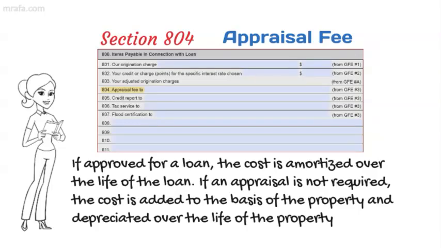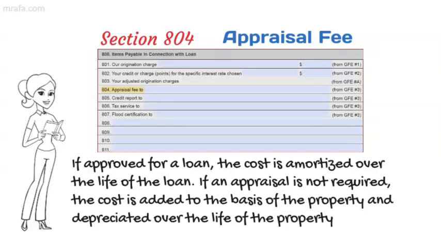So if there's an appraisal fee on this HUD settlement charges, and if it is required to even get the loan, then the cost here, you need to amortize it over the life of the loan. You cannot deduct it in the same year.